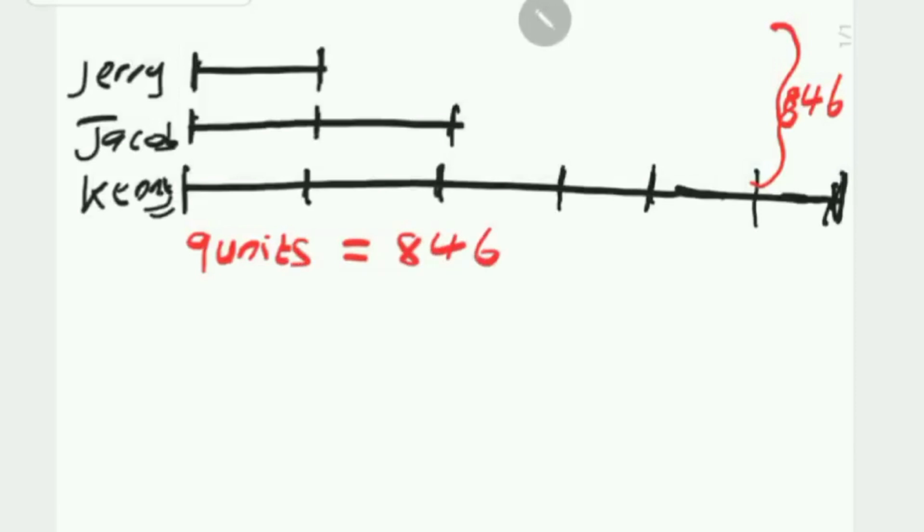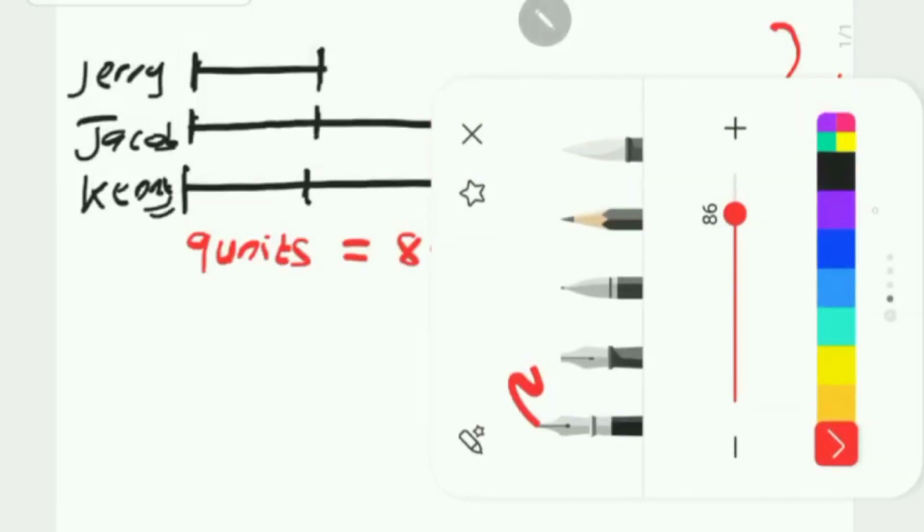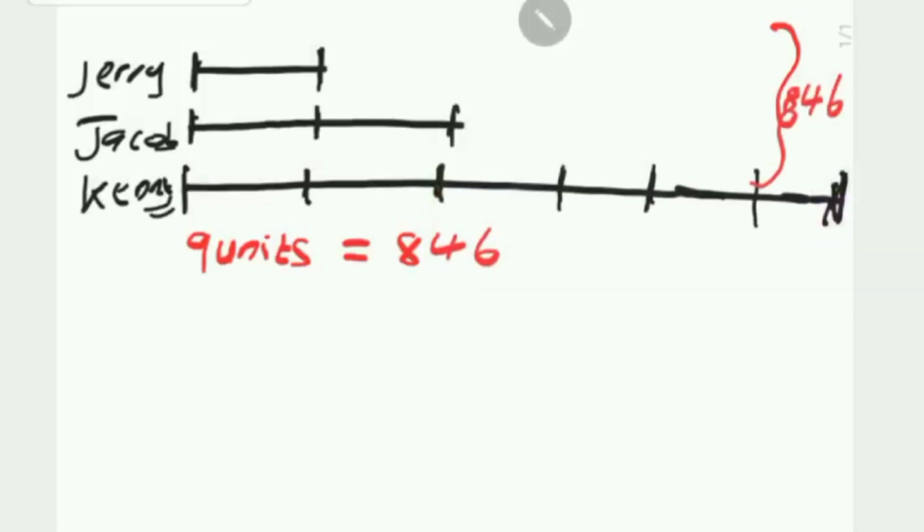If 9 units is equivalent to 846, then 1 unit will be 846 divided by 9, giving us 94 marbles.